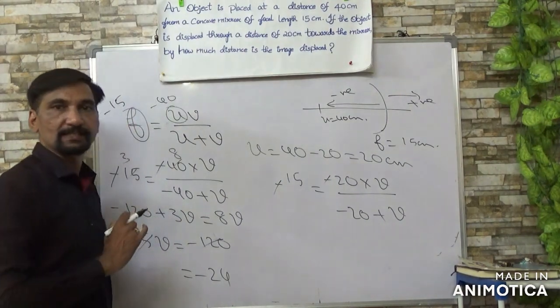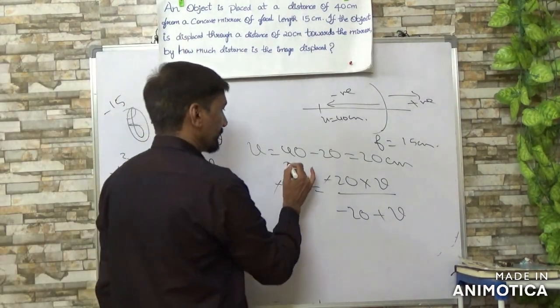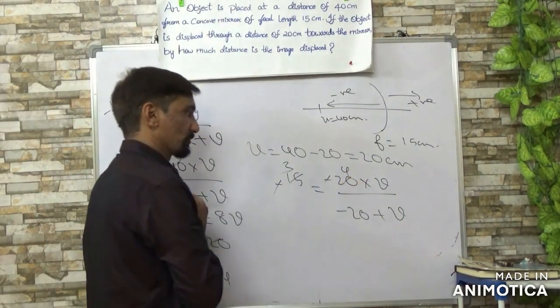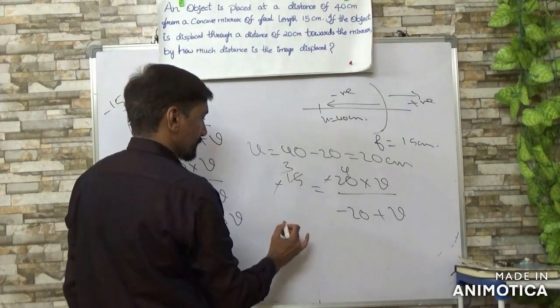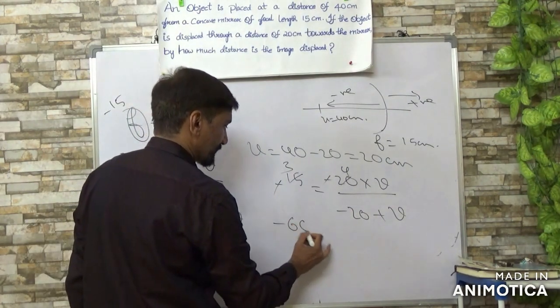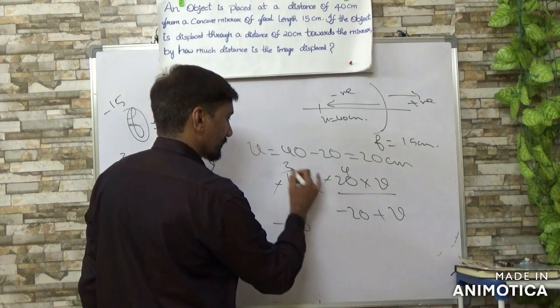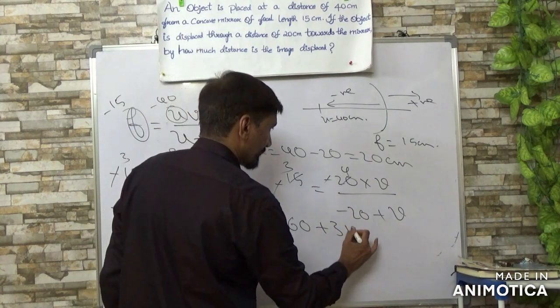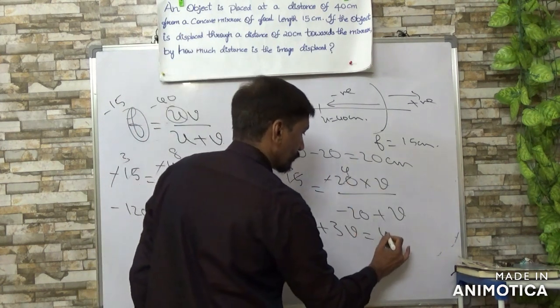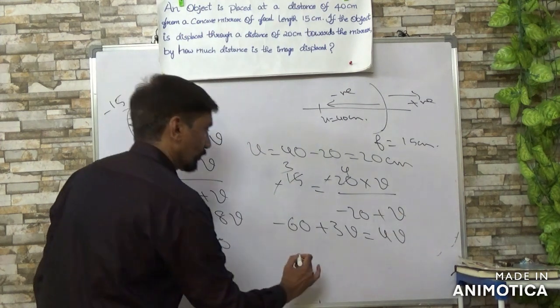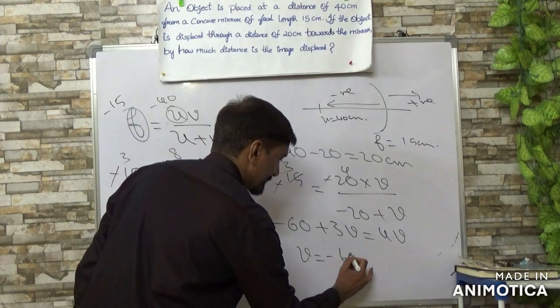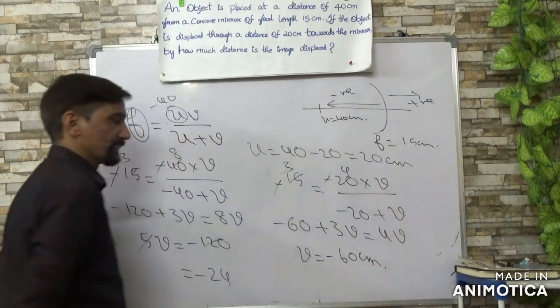Minus minus cancelled. 15 threes are 45, 20 fours are 80, so minus 60 plus 3v equal to 4v. So v becomes minus 60 centimeters.